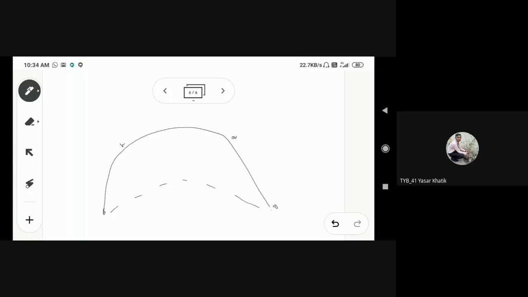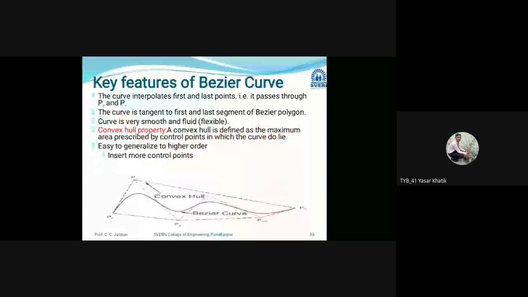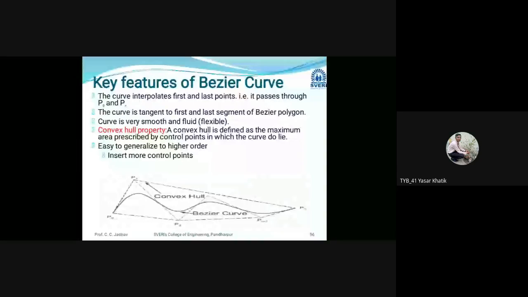For this, the curve has some properties. The curve passes through P0 and Pn, meaning n number of points. If we substitute u equals 0, the displacement at the initial point is 0, and the displacement at the end point is 1.